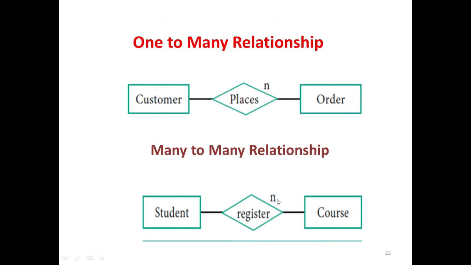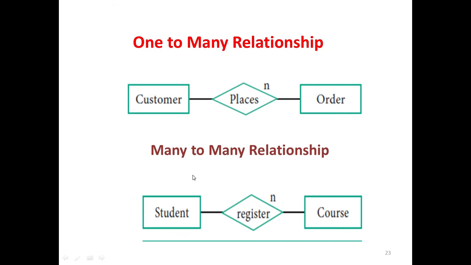The next one, one to many relationship: customer, place, order. Customer means you are the customer. Place, in which place you purchase, you buy, you take the order. You know very well, you are commerce students, customer, order, anything.